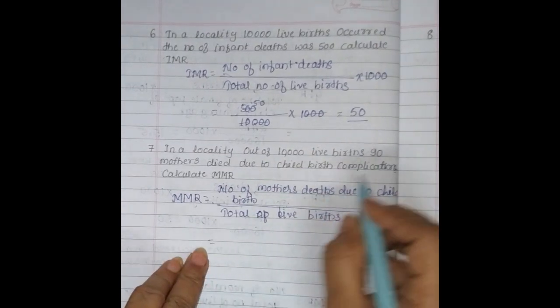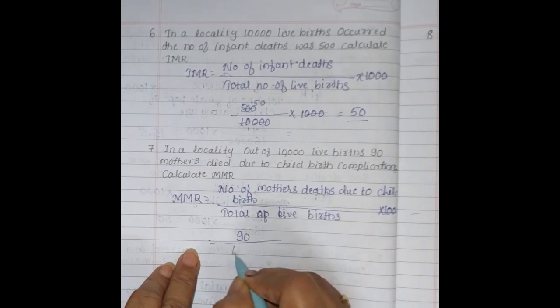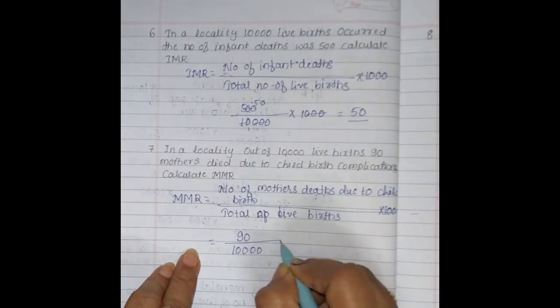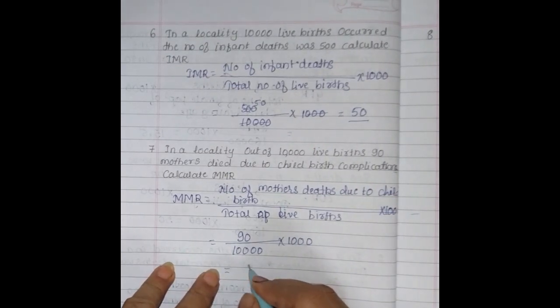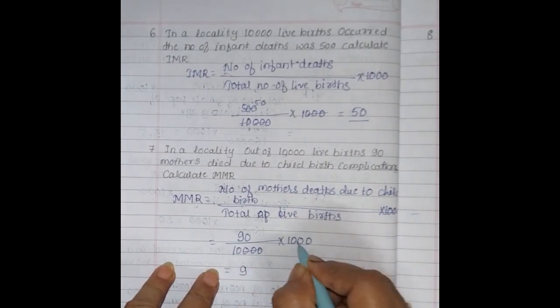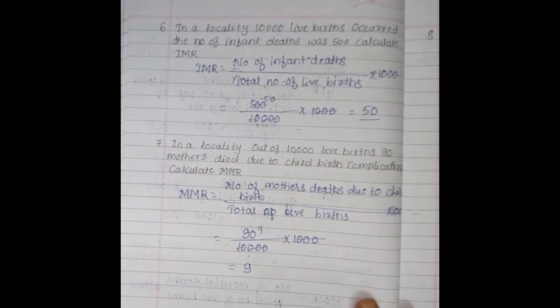Then the total number of live births is, 90 divided by 10,000 into 1000. Then the answer is 9. Okay, this 10 ones are 10, nines are 9, that is 9 is the answer.